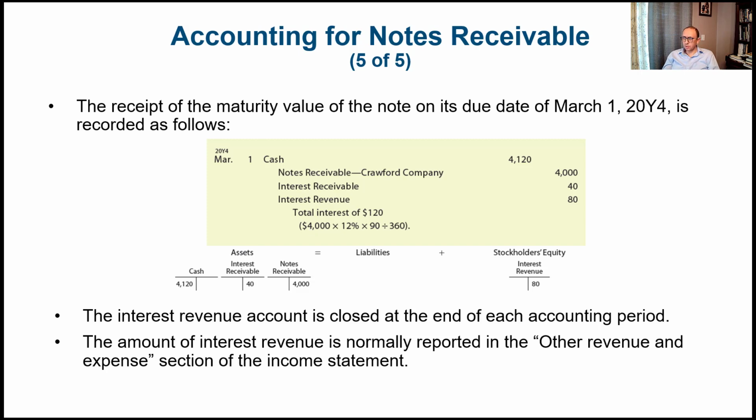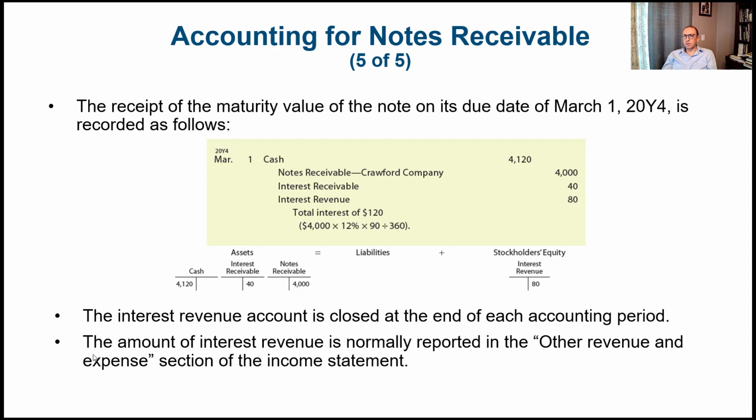So for the total of 3 months, it's going to be 4,000 multiplied by 12% multiplied by 90 divided by 360. So the interest revenue account is closed at the end of each accounting period, and the amount of interest revenue is normally reported in the other revenue and expense section of the income statement. So this is where the interest revenue would belong.